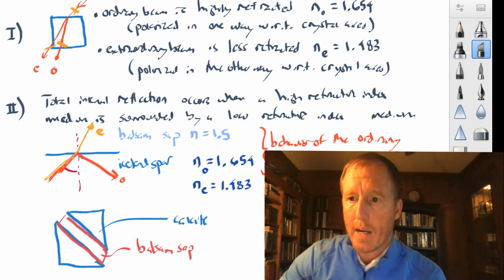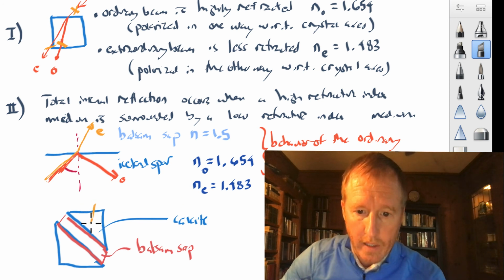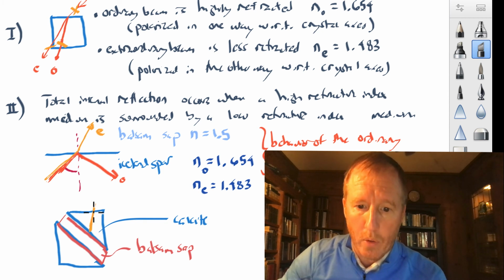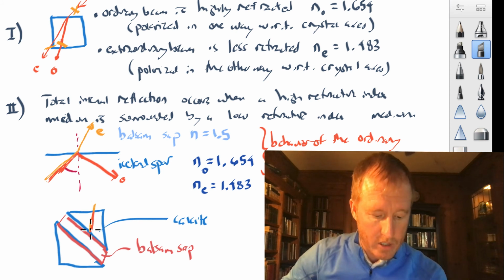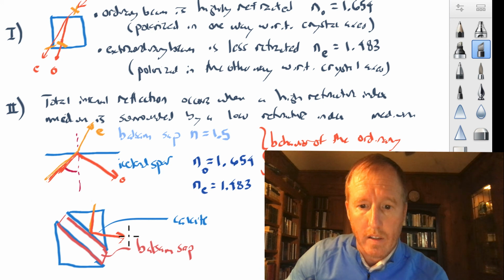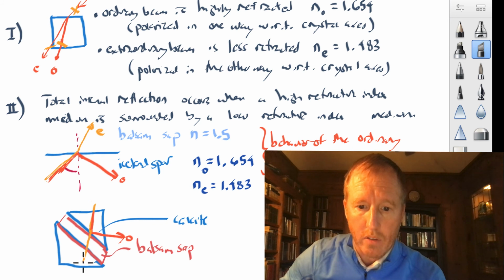And now you might imagine if we have these beams coming through like this, and are incident upon this interface. So this is both beams, the ordinary and the extraordinary, let's say, going through the calcite. You can have a situation where the ordinary beam bounces off like this, and the extraordinary beam makes it through into the balsam sap like this.